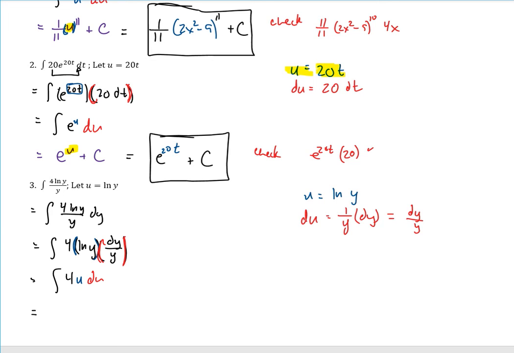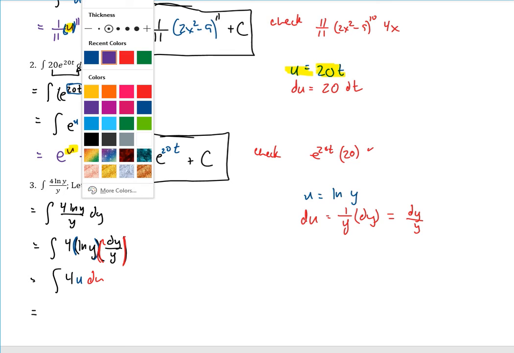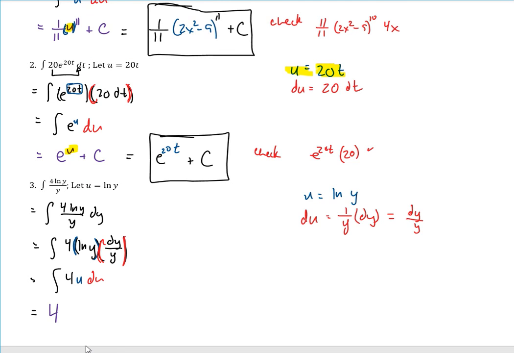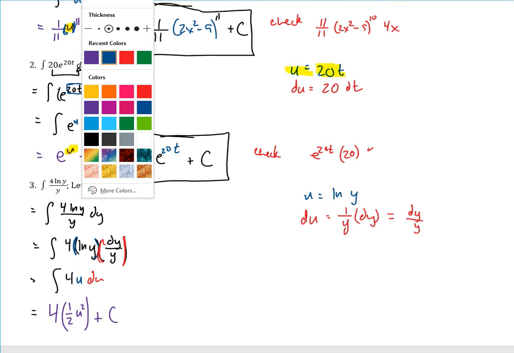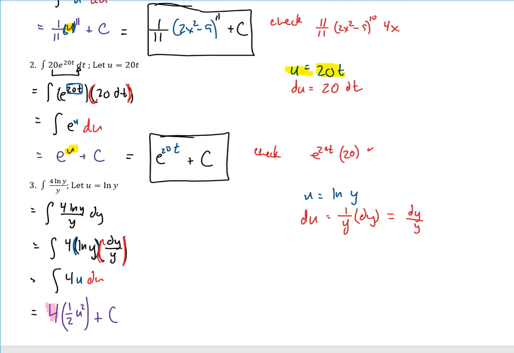Okay, and then now I can do my rules for the antiderivative. So 4, let's do it in purple again to show I'm now doing the antiderivative. So 4 is just hanging out. The antiderivative of u would be, well, add 1 to the power and make it squared, and then multiply the front by 1/2. And then, like always, add c. Okay, so now let's do 2 steps in one here. So we can do the 4 times the 1/2.